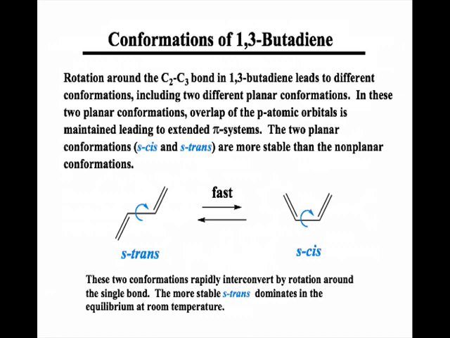Okay? Now, if we think about a conjugated system like 1,3-butadiene, we can have an S-trans conformation, and we can have S-cis. What does S mean? Why would we call this S-cis and S-trans? What does cis mean? On the same side. What does trans mean? So why do I need S? No, we're not talking about R and S. When you learned cis and trans before, what were we looking at?